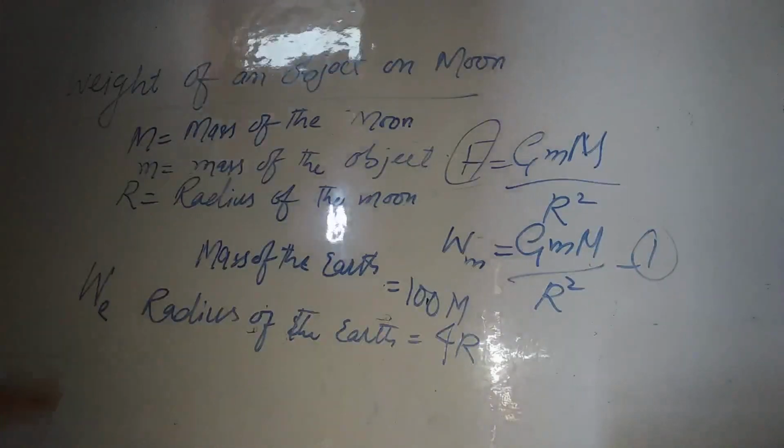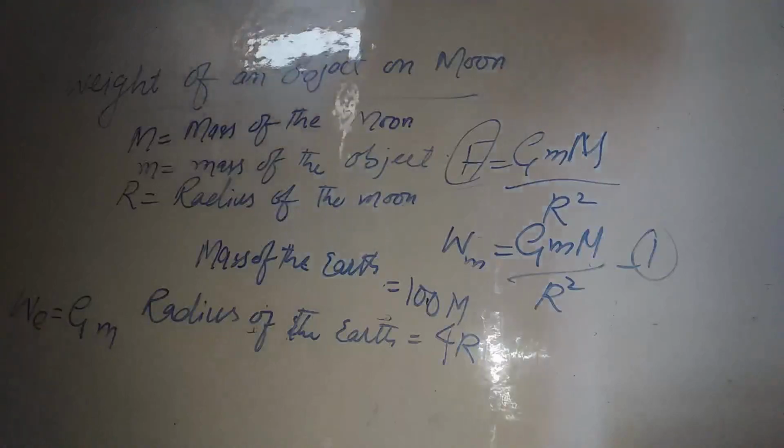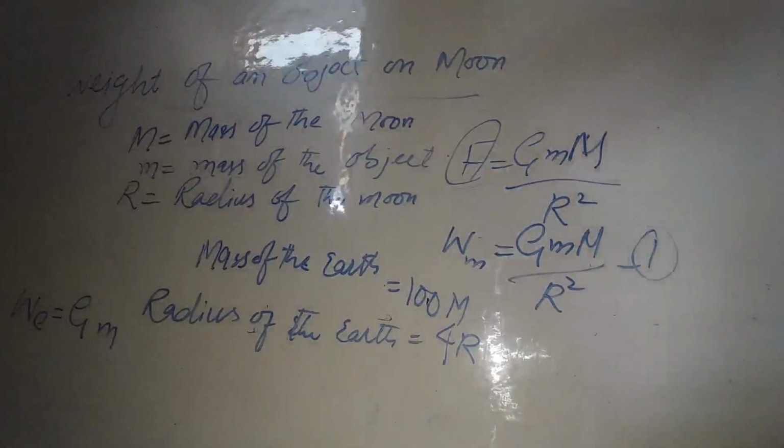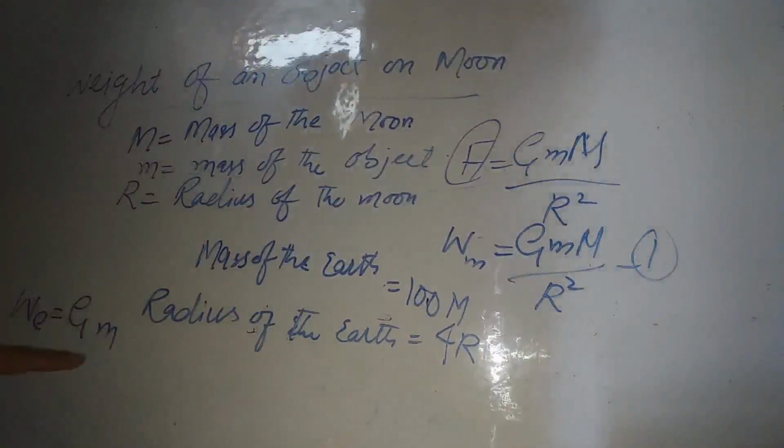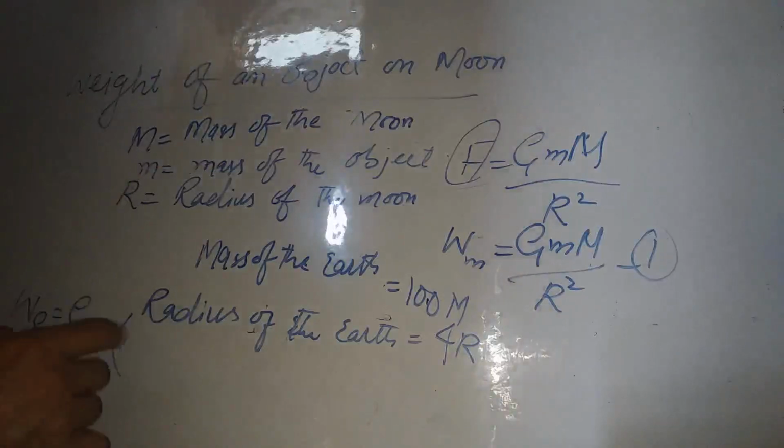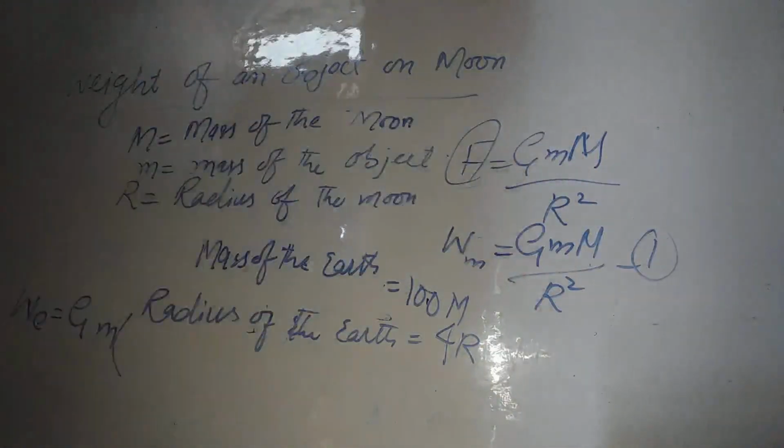Okay, so I can write We as G m. G तो हर जगह सेम है, यूनिवर्सल ग्रेविटेशनल कांस्टेंट, एंड m भी सेम होगा. ठीक है ना, ये मैस सेम होगा, लेकिन ये जो मैस है ये सेम नहीं होगा.